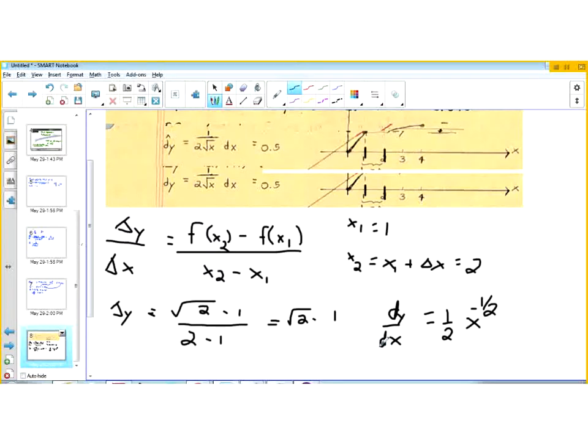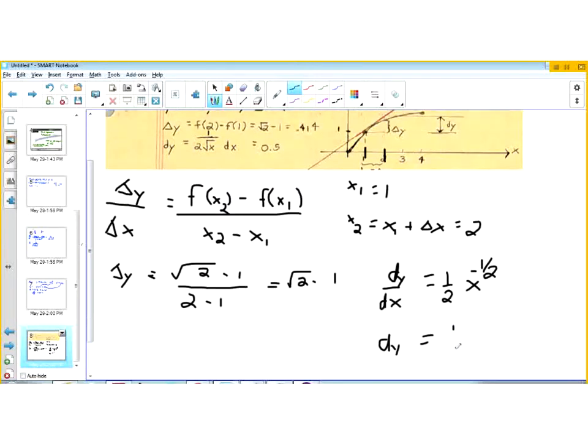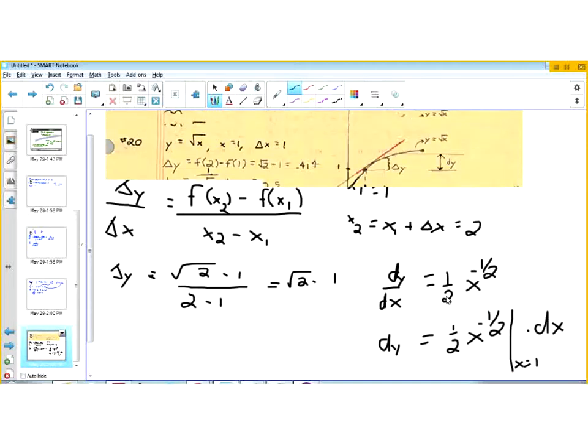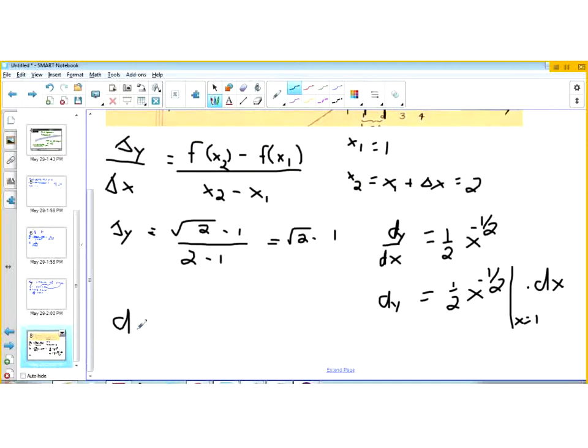So the differential y would equal 1/2 x to the negative 1/2, evaluated at x equals 1, times the differential of x. And the differential of x, as we've shown in the past, is always equal to delta x, which is equal to 1. So differential y must equal 1/2, and delta y is equal to 0.414.